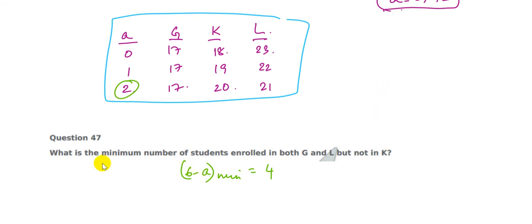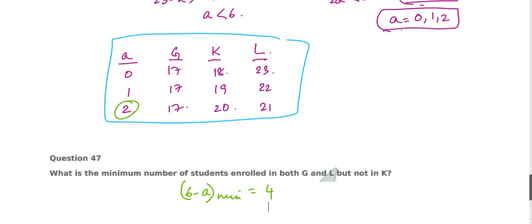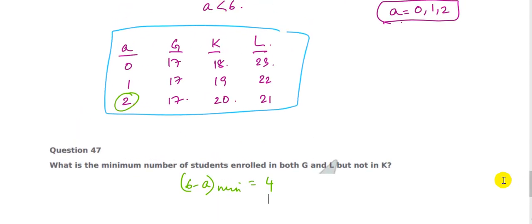So please repeat. The question is, what should be the minimum number of students enrolled in both G and L but not K? Now G and L but not K, as you can see from this, is this part. This is the overlap between G and L but not K. K is here. If it is said G and K but not L, then this would be the region, and this is all three, right? So G and L but not K is this 6 minus A. So the question is, what should be the minimum value of 6 minus A?